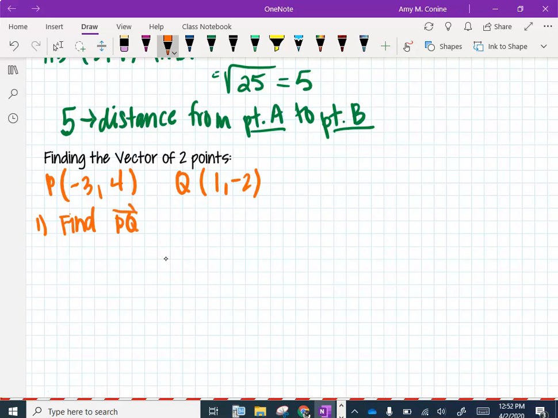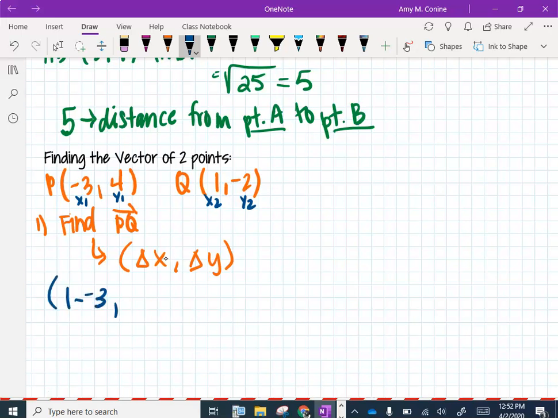So to find the actual vector, okay, to find the vector, we are going to take the change in our x's and the change in our y's. We're going to actually try to find those. So I'm going to label my x1, y1, my x2, and my y2, and I'm going to do that subtraction. Okay, so I've got 1 minus -3, and I've got -2 minus 4.